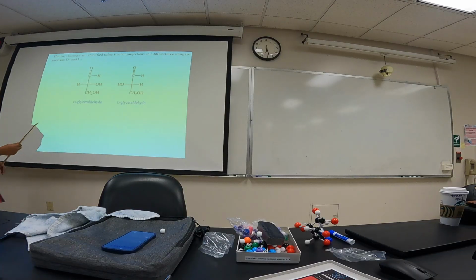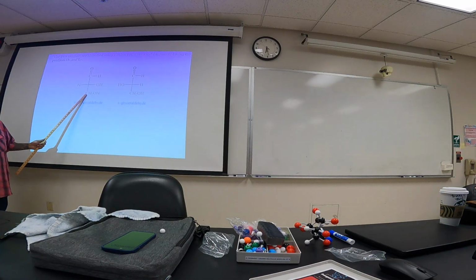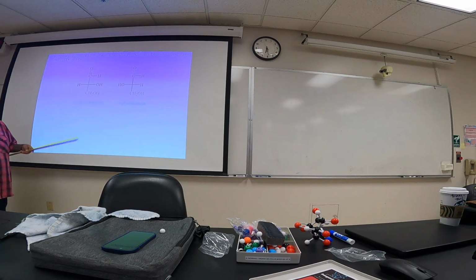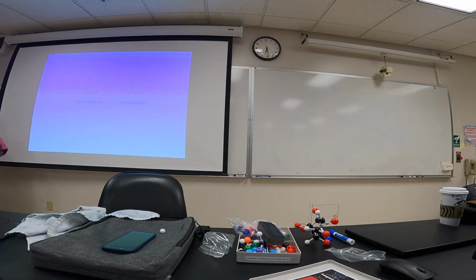How we do that is we take a look at the second to last carbon. We should technically look at the last chiral carbon, but just as a shortcut, just look at the second to last carbon. This is the last carbon, this is the second to last carbon. And we look for the hydroxide group.